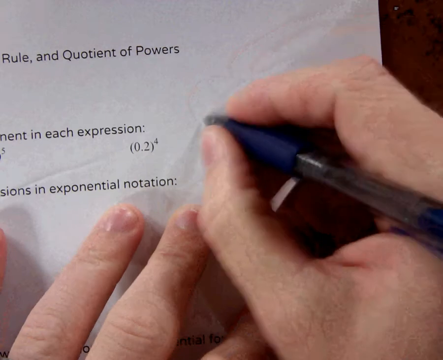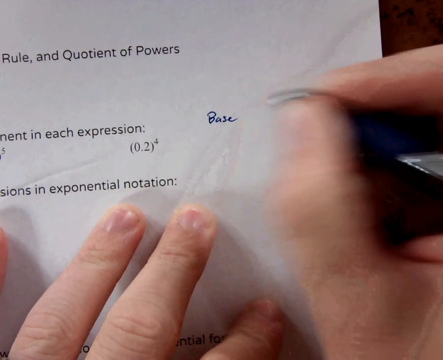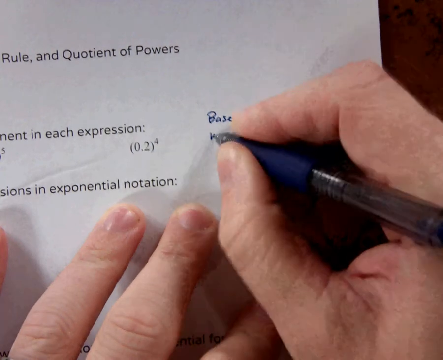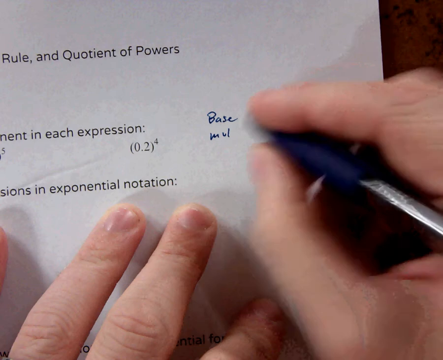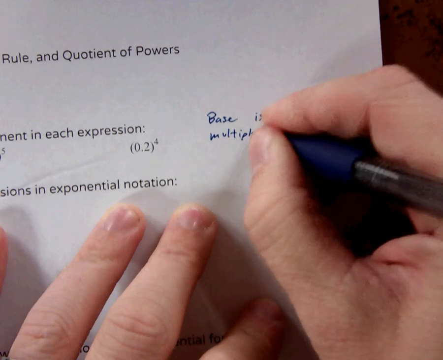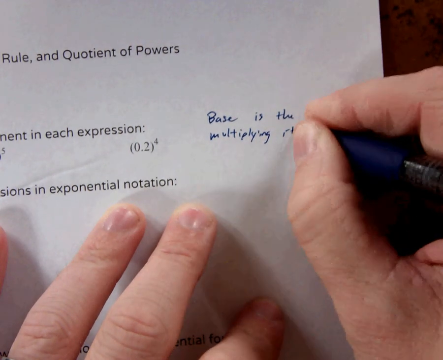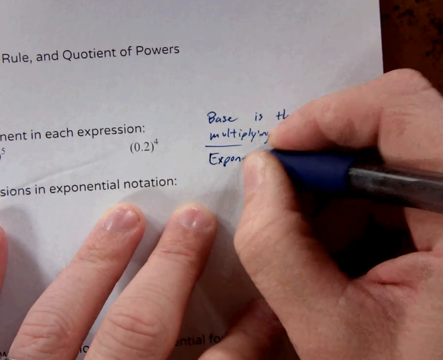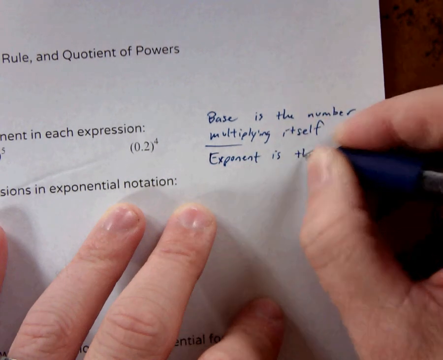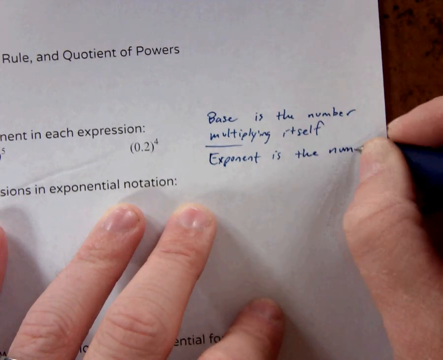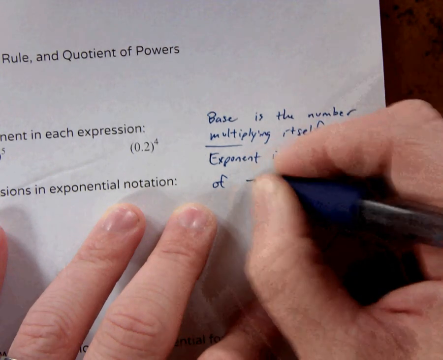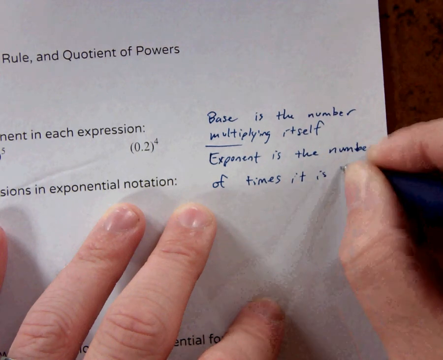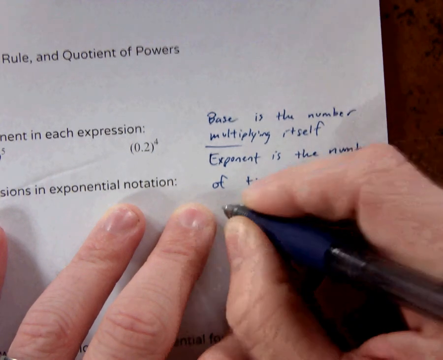If I take a short sidetrack, the base is the number multiplying itself, and the exponent is the number of times it is being multiplied.